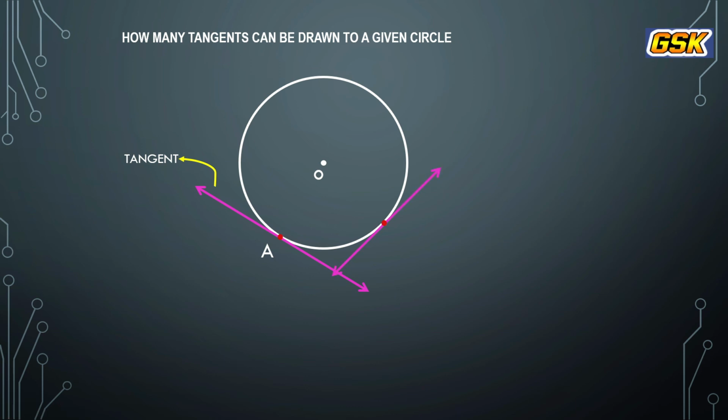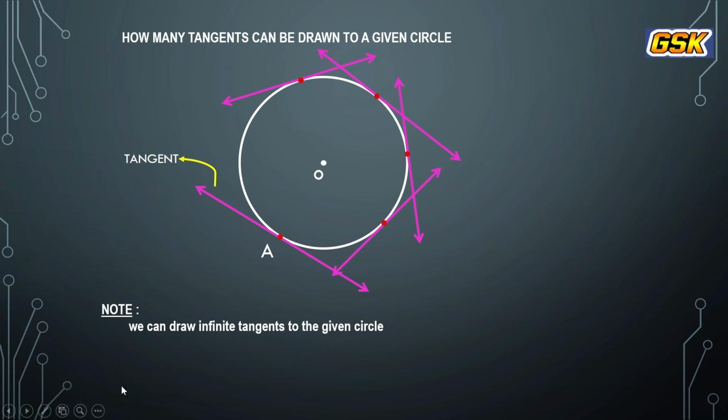Take another point, draw a tangent. Another point, draw a tangent. Similarly, we can draw infinite tangents as we can select infinite points on a circle. Note, we can draw infinite tangents to the given circle as it has infinite points on the circle.